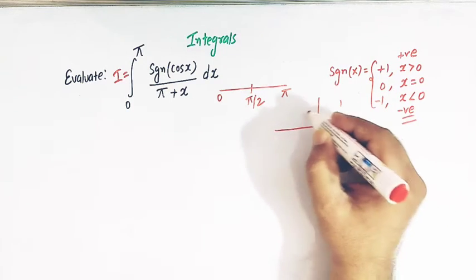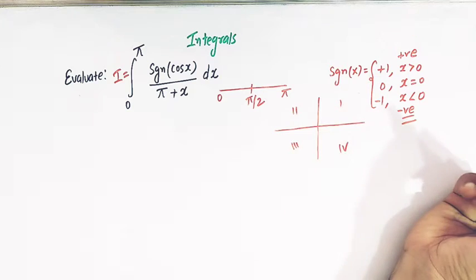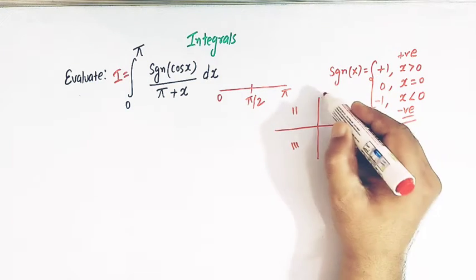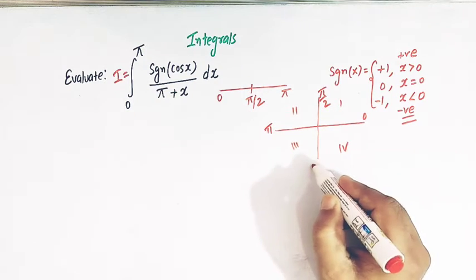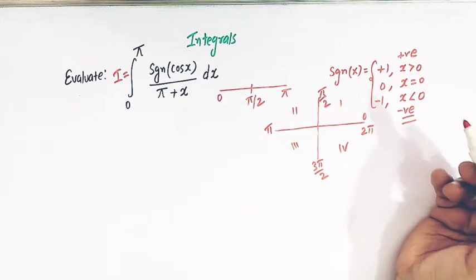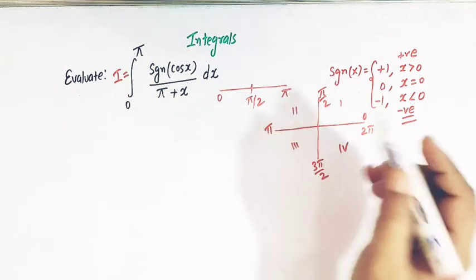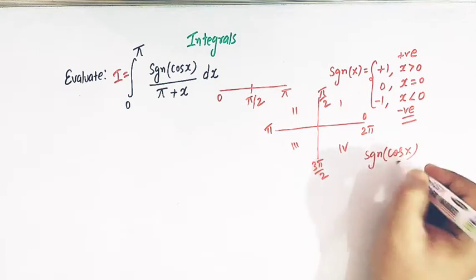This is the first quadrant, this is second, this is third, and this is fourth. Here we have 0, pi by 2, pi, 3 pi by 2, and 2 pi, and we have signum of cosine x.